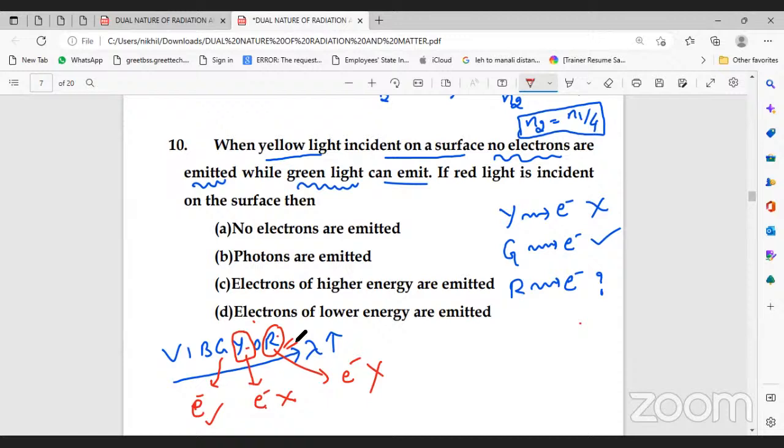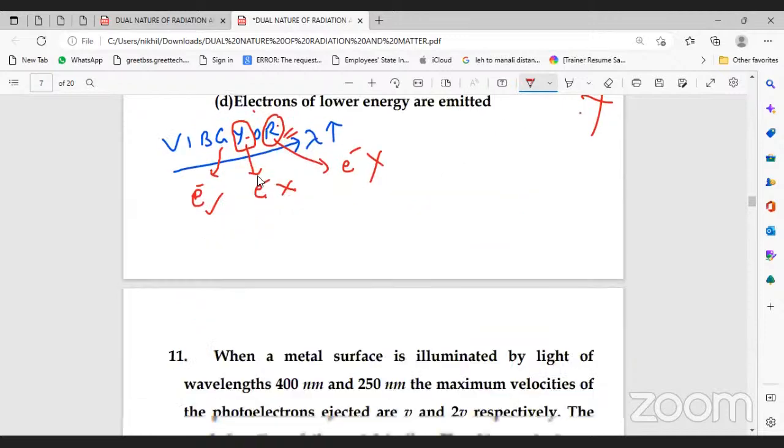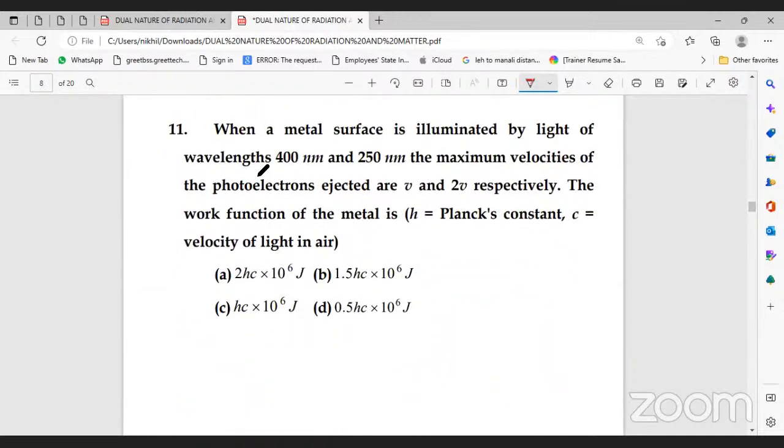So definitely for red color, it is not possible for the electron to emit out. So no electrons are emitted here. Look at the next question.